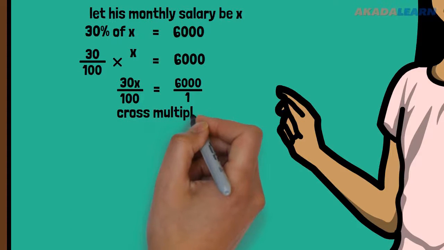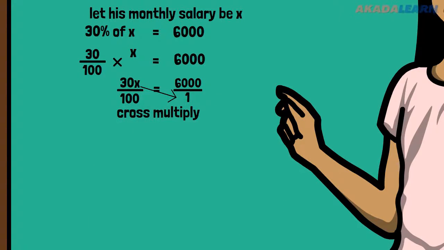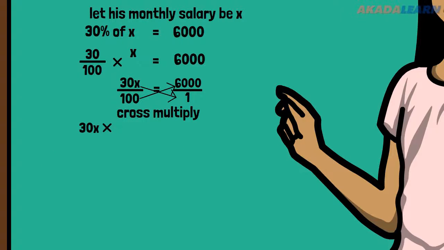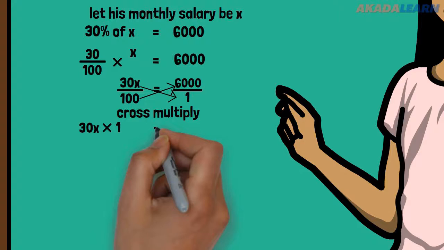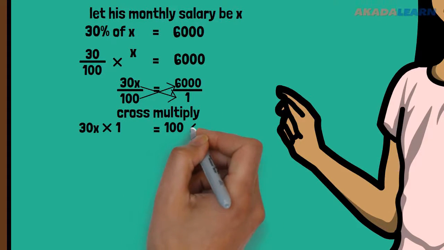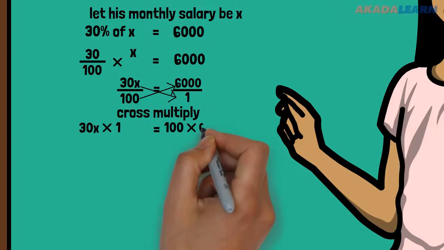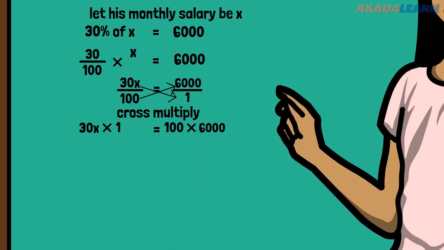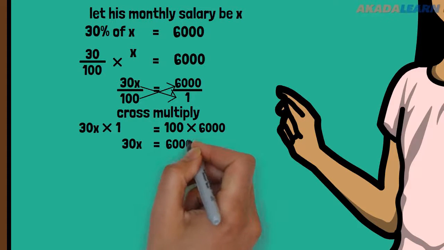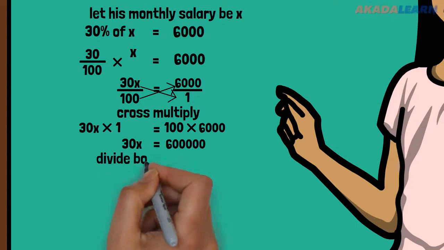So we cross multiply, and so 30x times 1 and then 100 times 6,000. So that's 30x times 1 is equal to 100 times 6,000. So 30x times 1 is 30x, which is equal to 600,000.